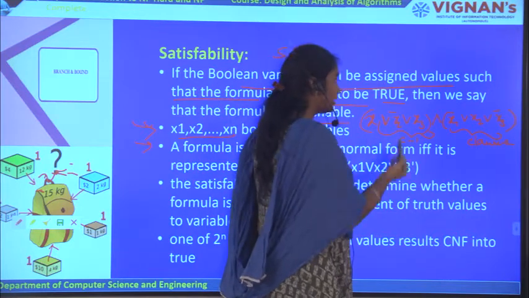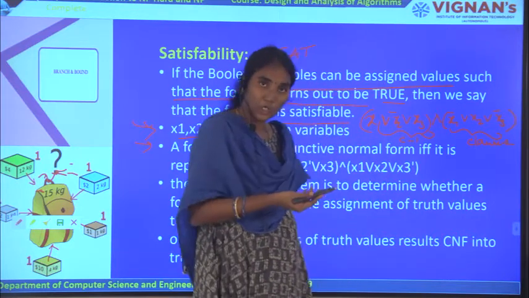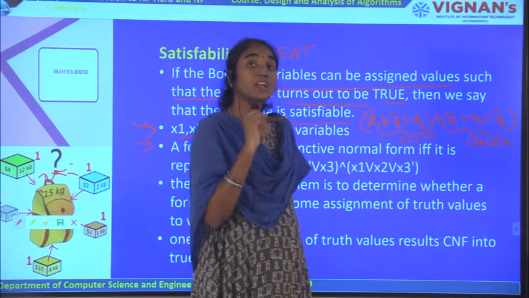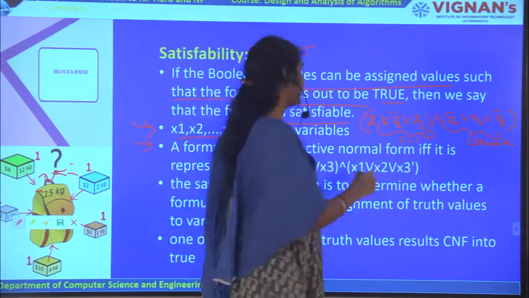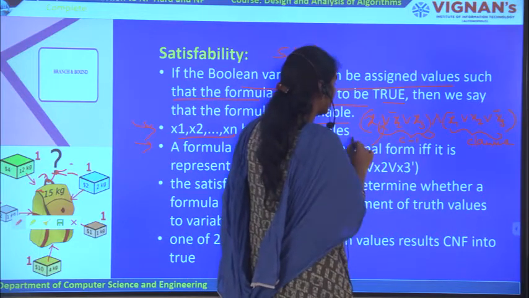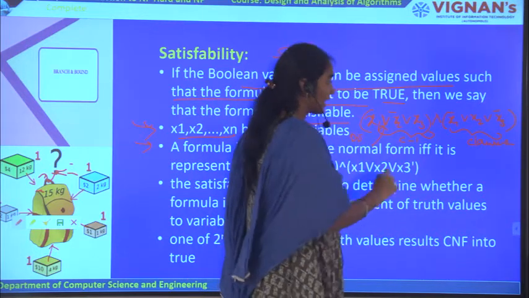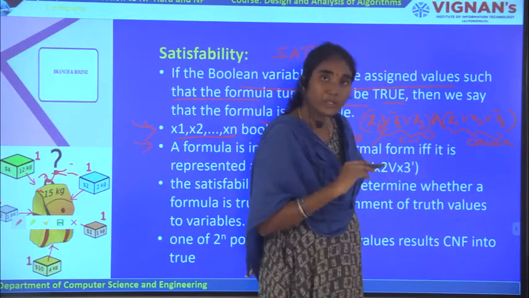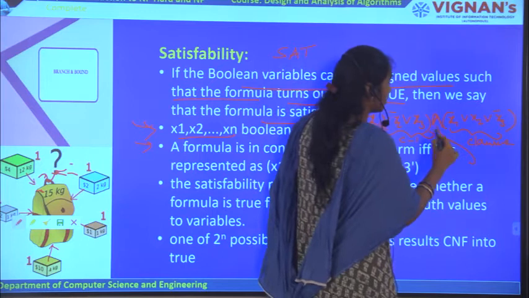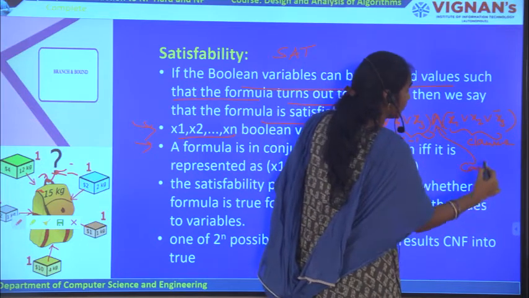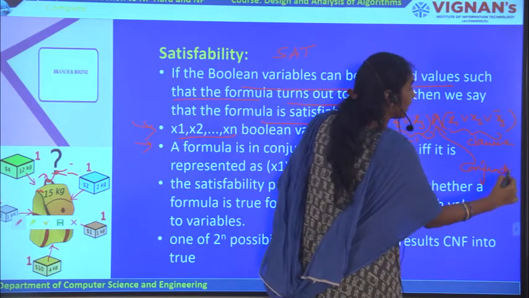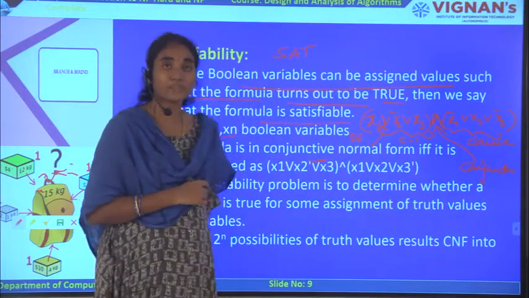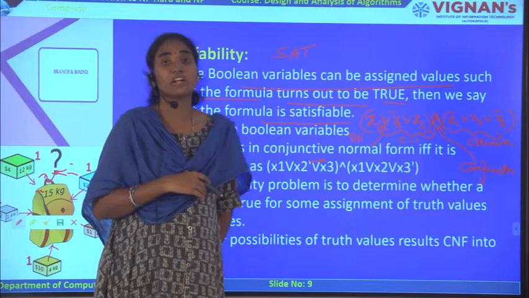Each and every clause in the given CNF includes disjunction, whereas every clause is combined with a conjunction, and this is a CNF. CNF stands for conjunctive normal form.